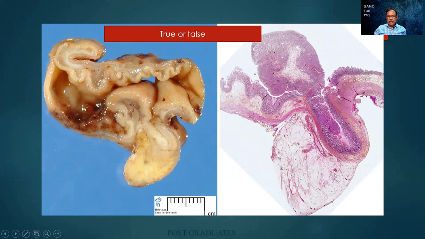True diverticulum, false diverticulum. One of the commonest complications is peptic ulcer. Putting it the other way around, if you are going to have a case of a peptic ulcer, they will be asking you, what are the sites of peptic ulcers? Apart from the stomach and the duodenum, you people are supposed to mention conditions such as these, as well as the Zollinger-Ellison syndrome, and so on and so forth.